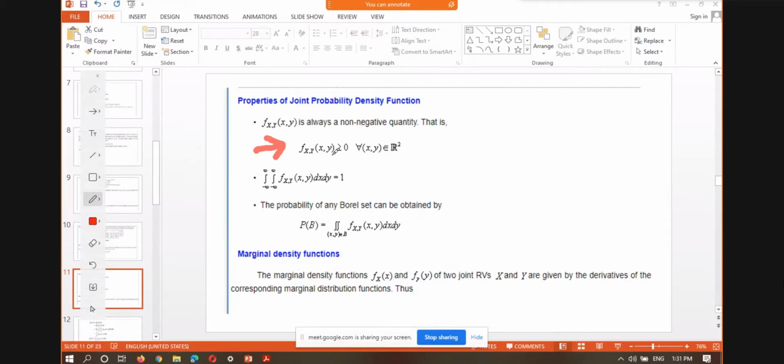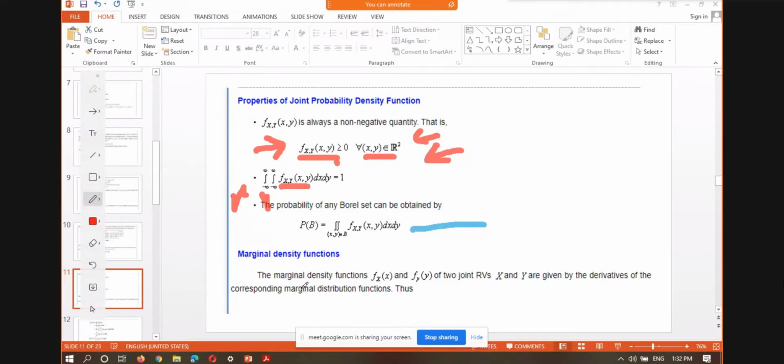It is always greater than or equal to 0 for all (x, y) belonging to R2, and if we integrate over the whole R square domain, with x taking values from minus infinity to plus infinity and y also from minus infinity to plus infinity, then you will get 1. So these properties are also useful.